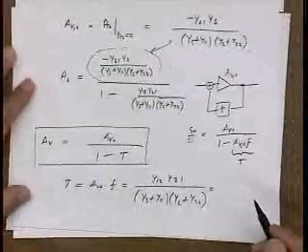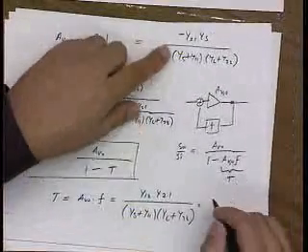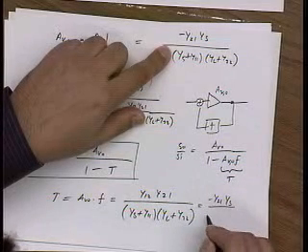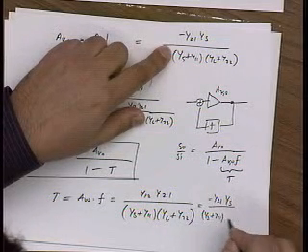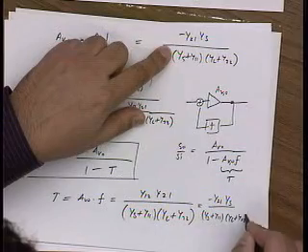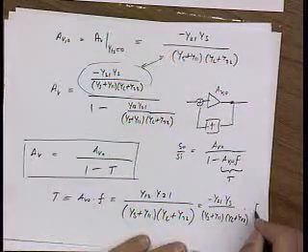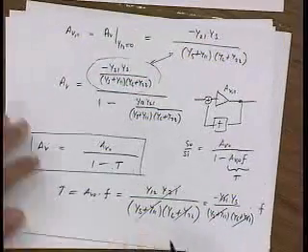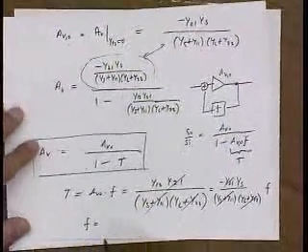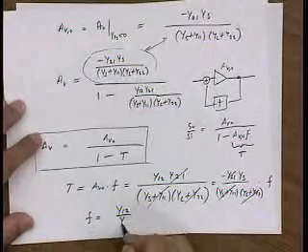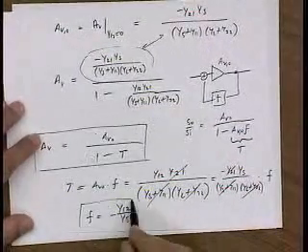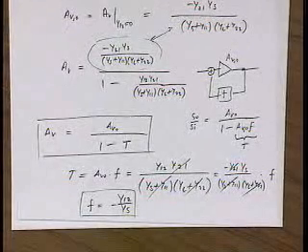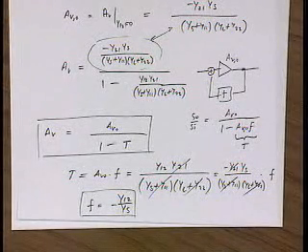If I now substitute AV0 from here, it's minus y21 over (ys plus y11)(yl plus y22), times F. Well, these terms go away, and my feedback factor is simply y12 over y21, negative. Okay. Questions? Comments?